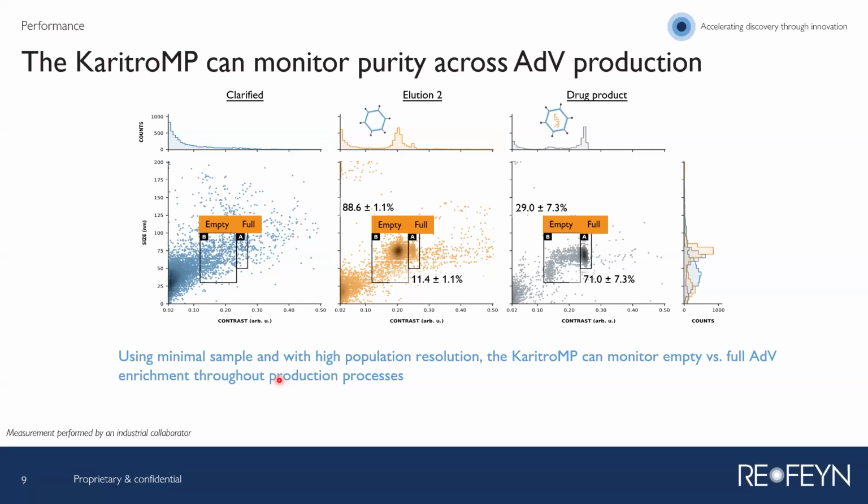As you can see here, KaritroMP gives us information on how the samples are depleted of the debris, which is the bottom left corner and probably consists of your protein fragments and aggregates. So we see how that depletion happens across the different phases, and also the enrichment of your desired capsids, which are the full capsids, at the drug product phase. Again, this shows us that KaritroMP, utilizing very minimal sample, and with its reliability in resolving different populations in a single measurement, can be adapted at a very early stage in the process for process monitoring and for process development.